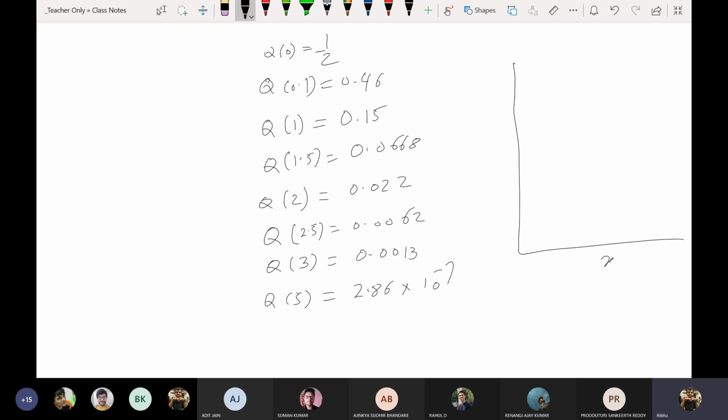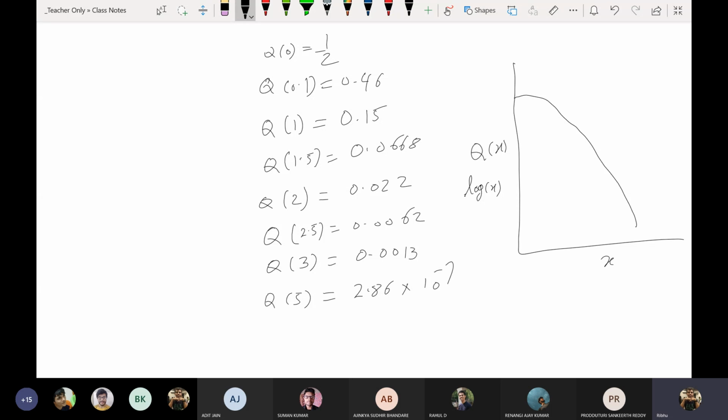So the Q function actually falls off like this. You can plot this for yourself. This is log of x, and this is the y-axis. This is a semi-log y plot.